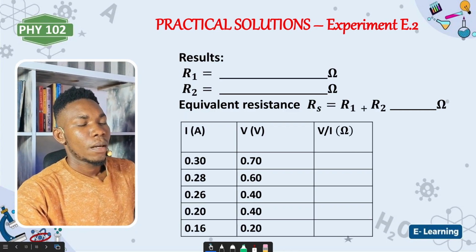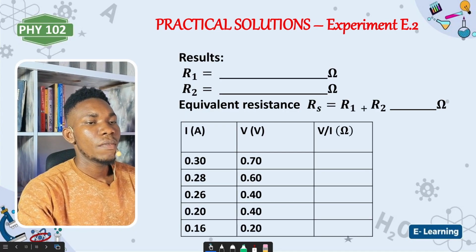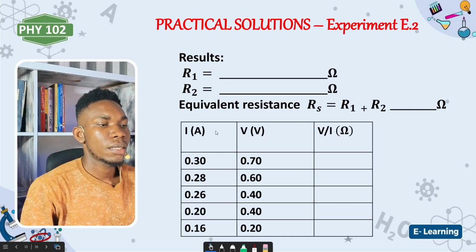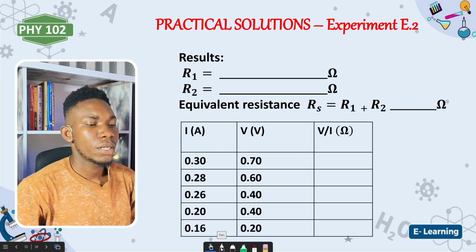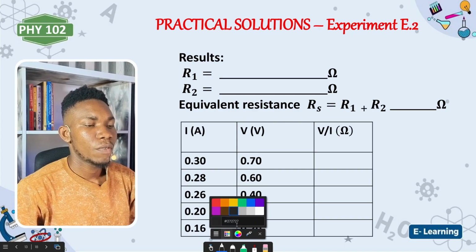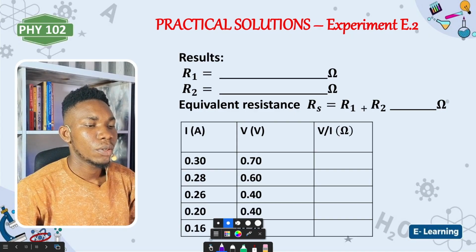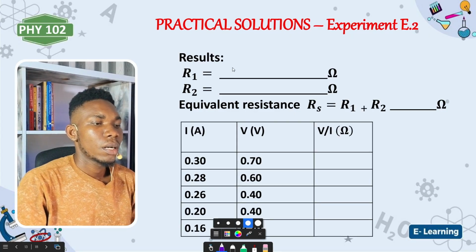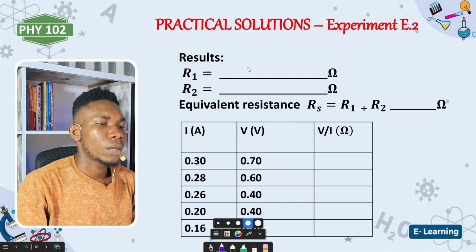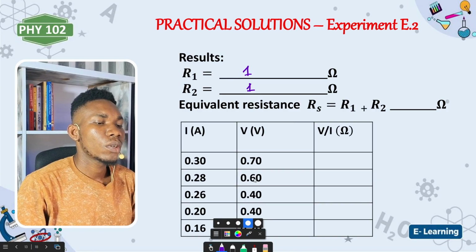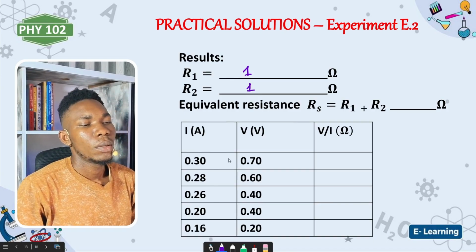So you are given the resistance for each of the resistors here. The values we are given for the first one, R1, was 1 ohm. R2 was also 1 ohm, right?